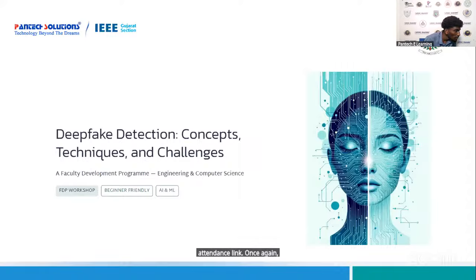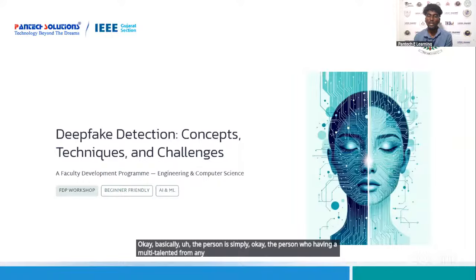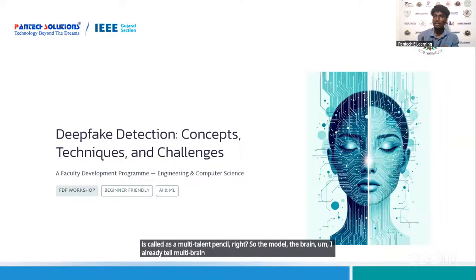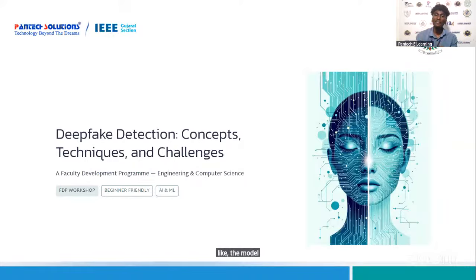Once again, explain multimodal. Basically, a multi-talented person is someone who plays cricket, plays football, and studies well. Likewise, the model, the brain, can generate an image, audio, and video, everything, along with text. That comes from multimodal.